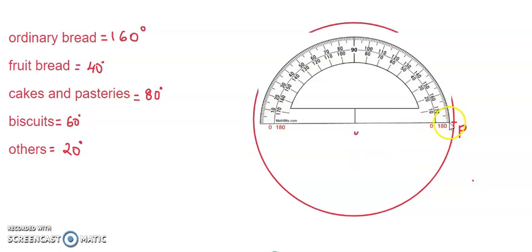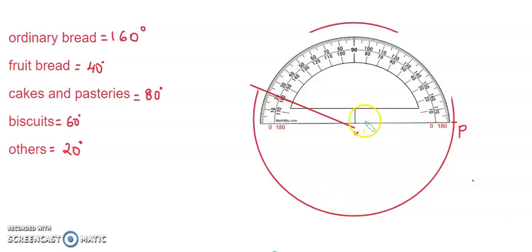Now I'll start with the right hand side. I'll start with this 10, the right hand 10. 10, 20, 30, 40, 50, 60, 70, 80, and I'm going till 160. So my 160 is this line.